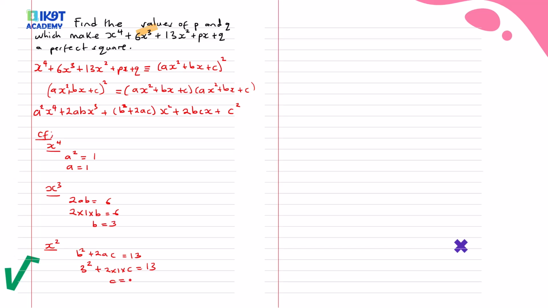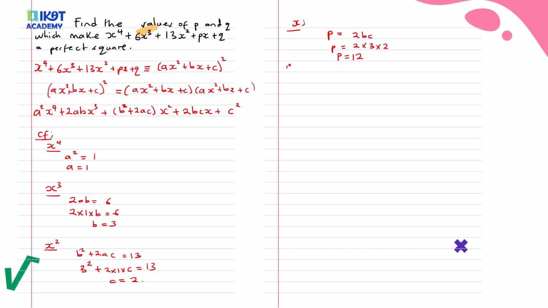So what's the value of c? c is 2. Then we go to the coefficients of x, where p equals 2bc from comparing coefficients. So p is going to be 2 times 3 times 2, since our value of b was 3. So we end up having p equals 12.